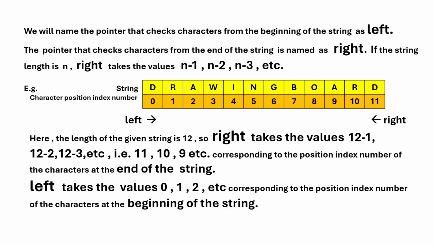So right takes the values 12 minus 1, 12 minus 2, 12 minus 3, etc. That is 11, 10, 9, etc., corresponding to the position index number of the characters at the end of the string. Left takes the values 0, 1, 2, etc., corresponding to the position index number of the characters at the beginning of the string.